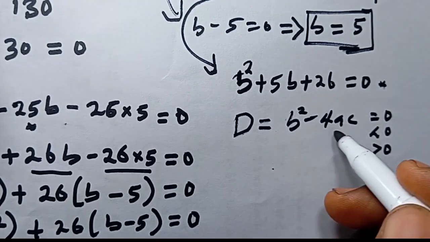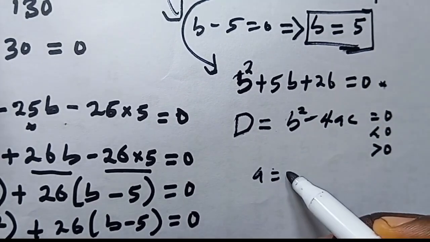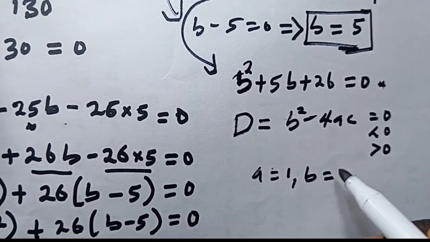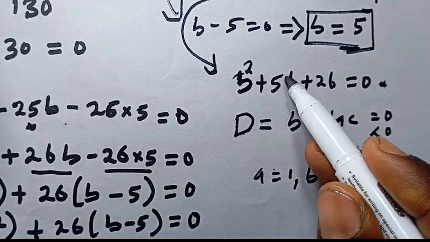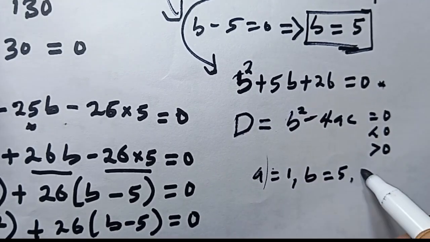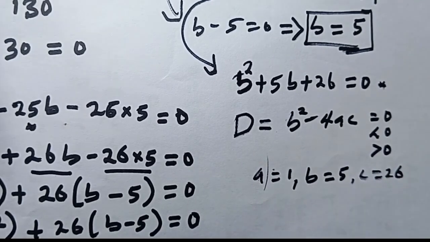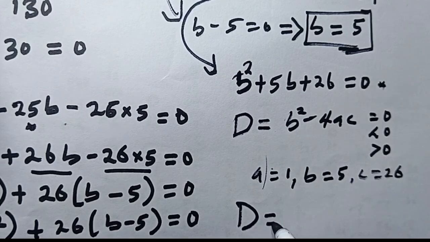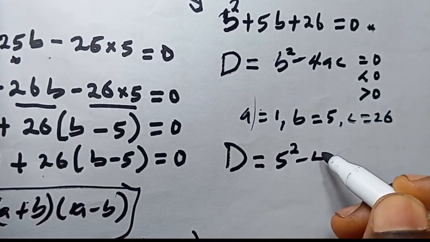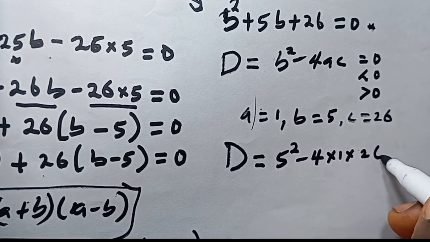So in this case, you can see that a, which is the coefficient of b squared, will be 1, and then b, which is the coefficient of b in this question here, is equal to 5. And then our c is actually going to be this constant, which is 26. Okay, so completing the discriminant, this is going to be 5 squared minus 4 times 1 times 26.